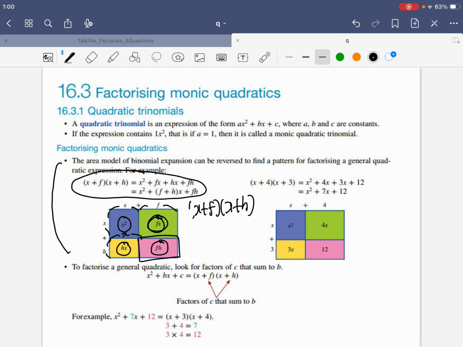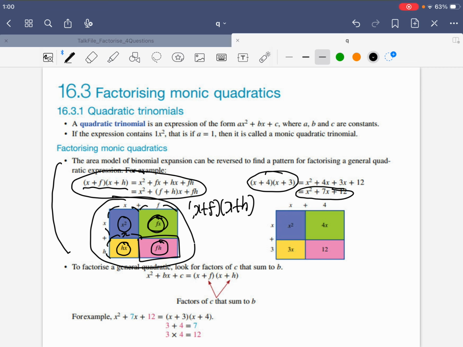So this is another way to understand factorizing monic quadratics. Why are those two the same? Well, we could just expand these brackets, and then we know they are the same. But it might be easier if you understand this whole picture of the rectangle, and we can apply this to real questions like x squared plus 7x plus 12.